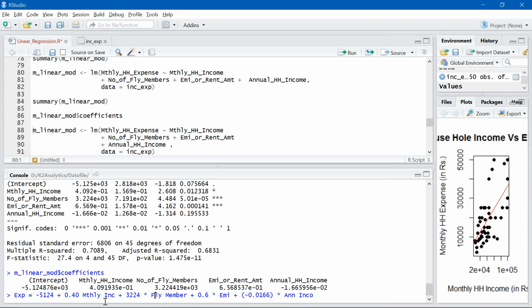Gopal, what it simply means is, if this number had come as minus 3224 instead of 3224, then with each increase in family members, the expense of the family would reduce by 3224. Does that make sense?